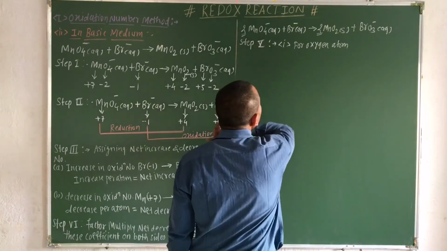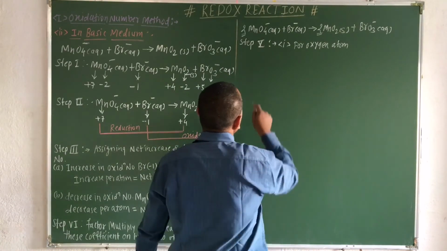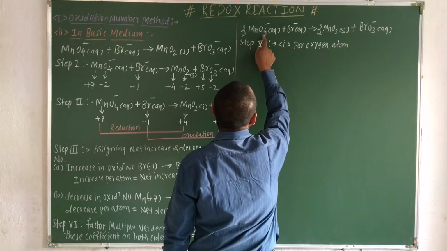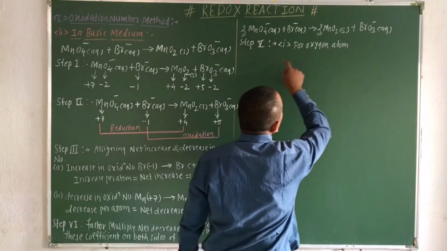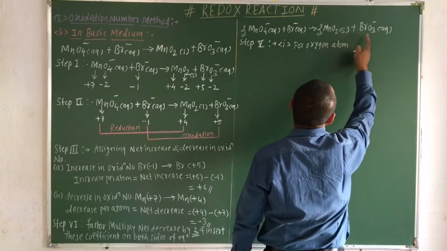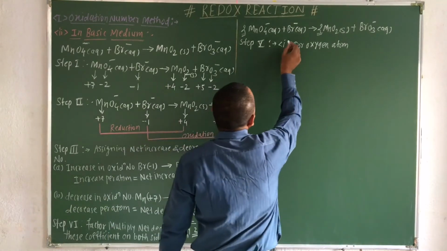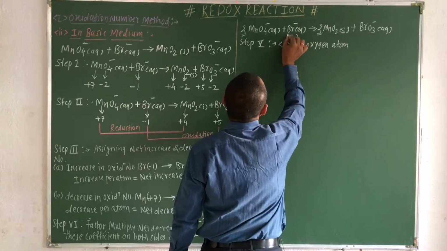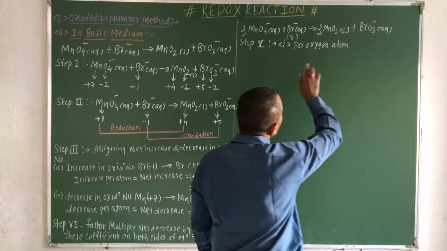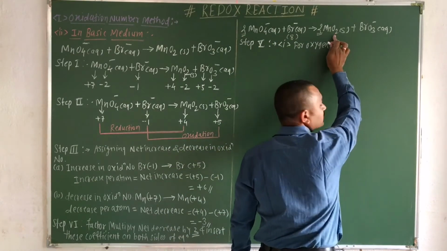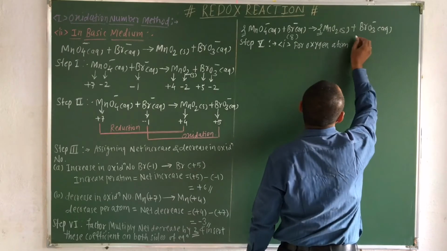Now let us count the oxygen atoms first of all, that is 2 into 4, that means 8 on the left hand side, and on the right hand side 2 into 2 means 4, plus 3, 7.